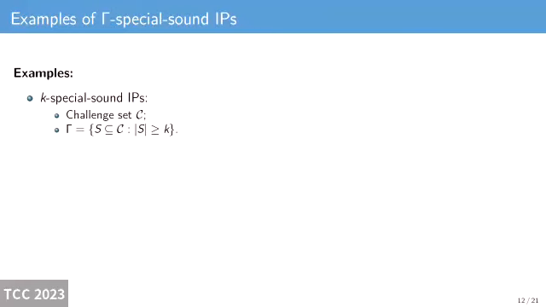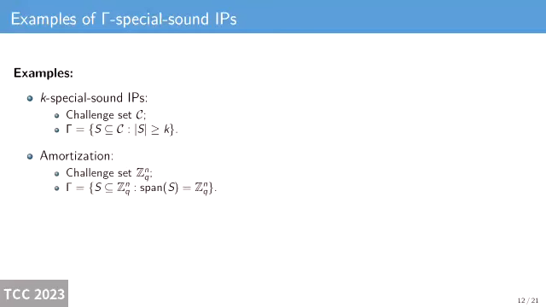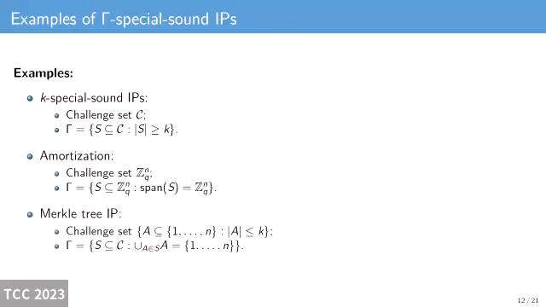To give some examples, for k-special soundness you get a threshold access structure where gamma contains all the subsets of large enough cardinality. For the amortization technique that I described, gamma contains all subsets S whose span is the entire challenge space. And for this Merkle tree IP, it's also relatively easy to define the corresponding access structure.